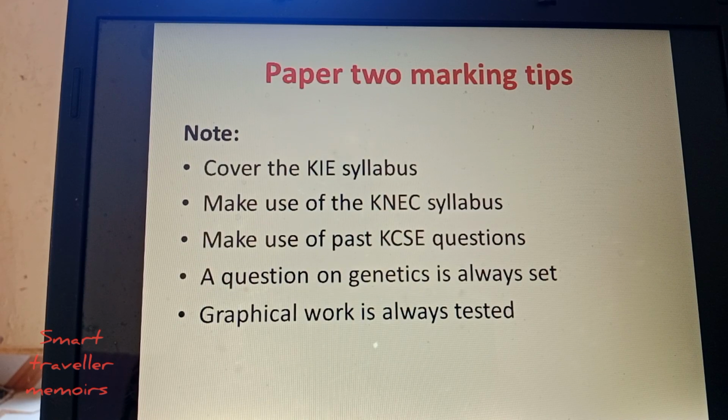Note, for you to be able to do Paper 2 properly, you have to cover the KIE syllabus. Make use of the NEC syllabus. Make use of the past KCSE questions. A question on genetics is always set.